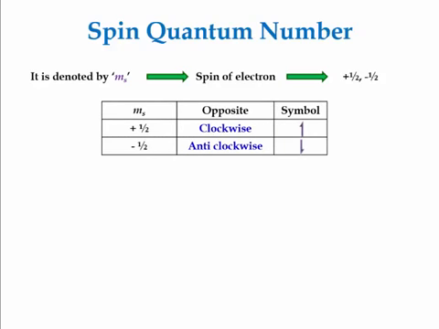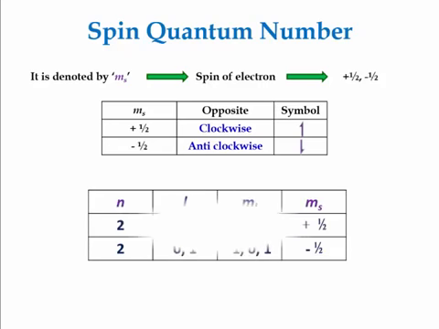Value of ms +1/2 indicates the electron is moving in the clockwise direction, and it is shown by the upward half arrow. The value of ms -1/2 indicates the electron is revolving around the nucleus in anti-clockwise direction, and it is shown by the downward arrow.